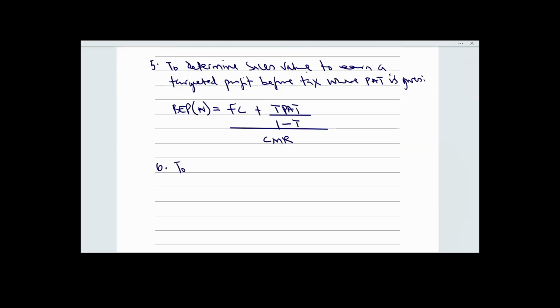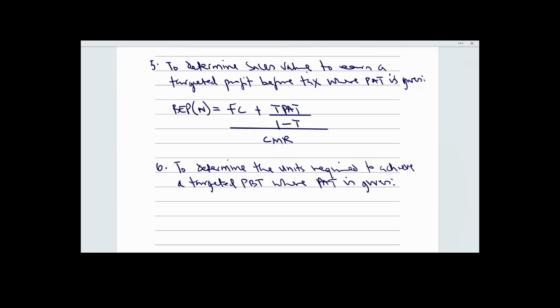So to determine the units required to achieve a targeted profit before tax, where PAT is given.